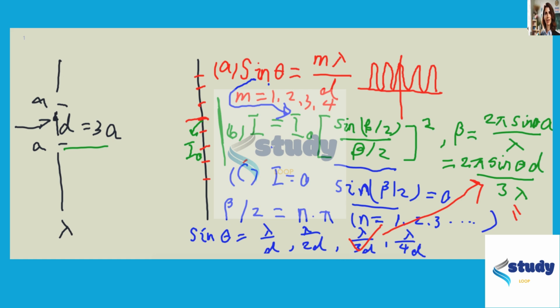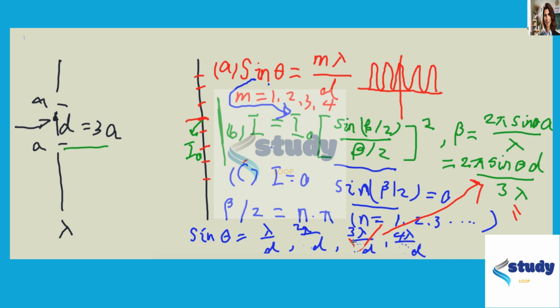Oh, I'm sorry. There's something wrong there. It's 2 lambda over d, 3 lambda over d, 4 lambda over d.